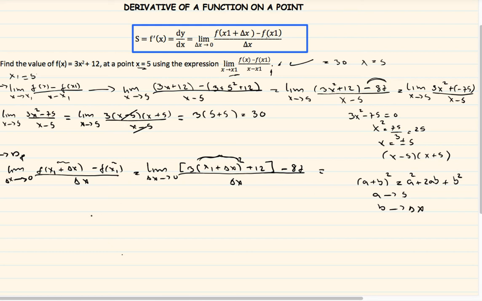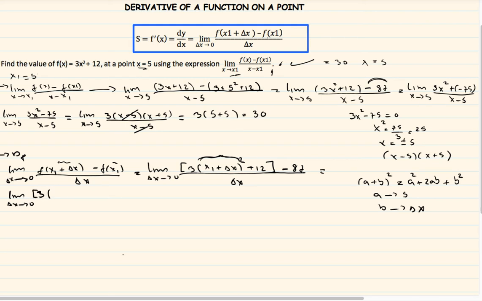So let us expand it. The limit as delta x tends to 0 of 3 into 5 plus delta x, all squared, plus 12 minus 87, divided by delta x.